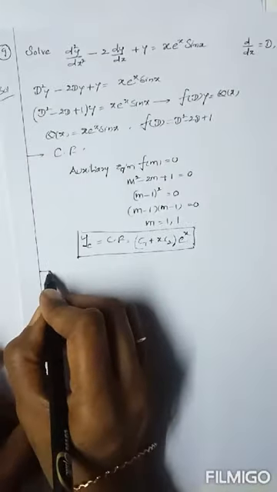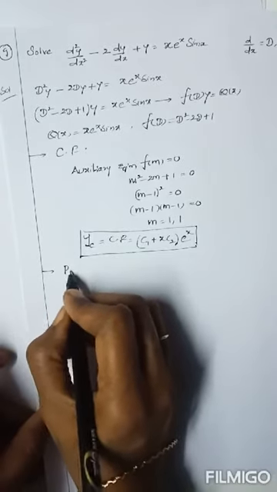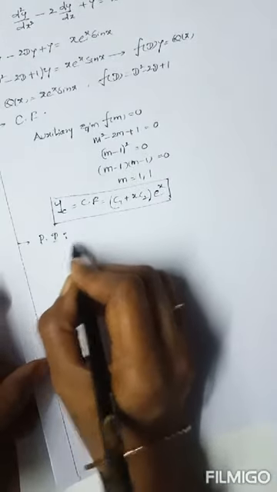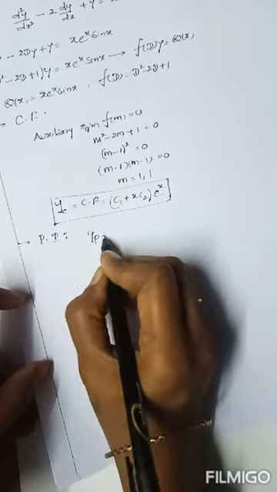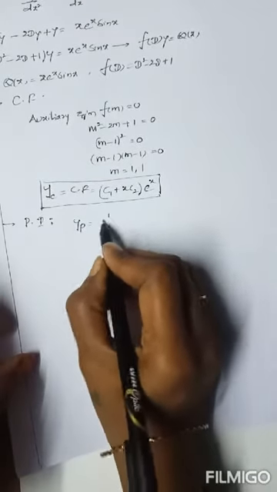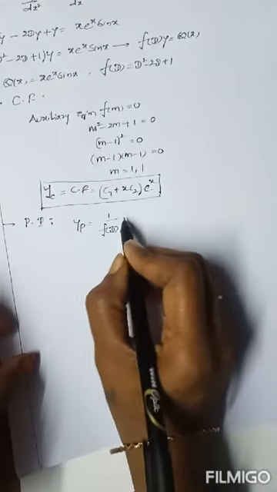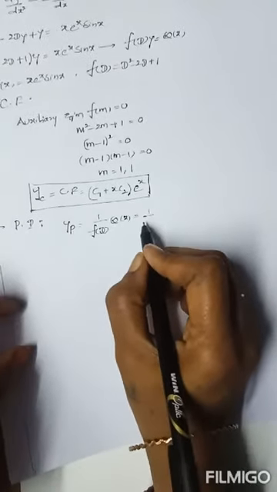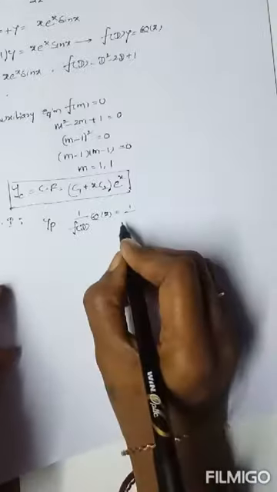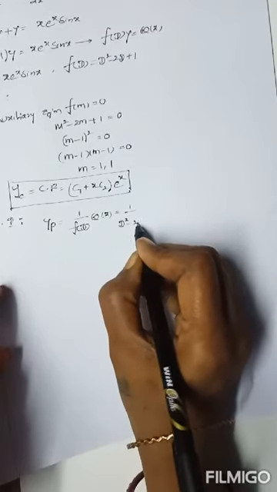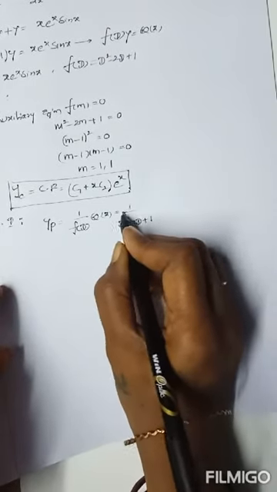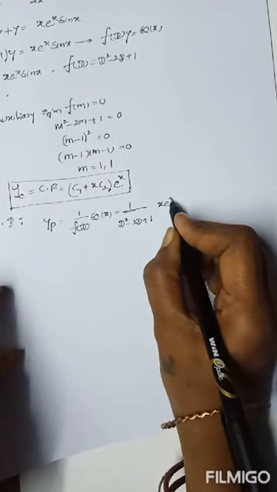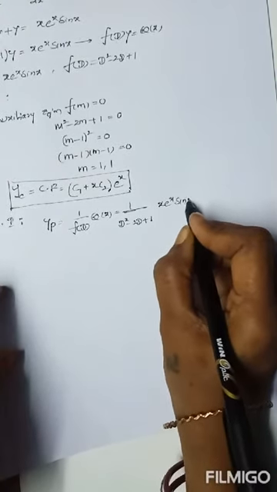Second, we need the particular integral, represented by yp. Yp equals to 1 by f of D into q of x, where f of D is D square minus 2D plus 1, and q of x is x e power x sin x.